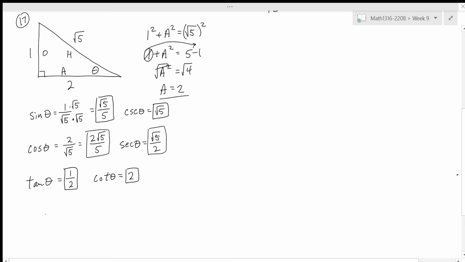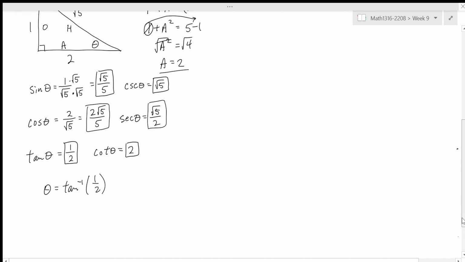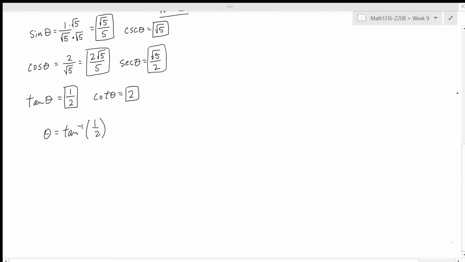So let's find theta. Let's see if we can find theta, and I want it in degrees. So that means you're going to need to be in degree mode. And let's do inverse tangent of a half.